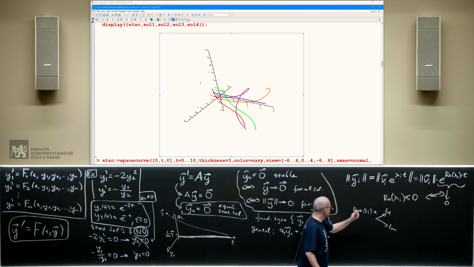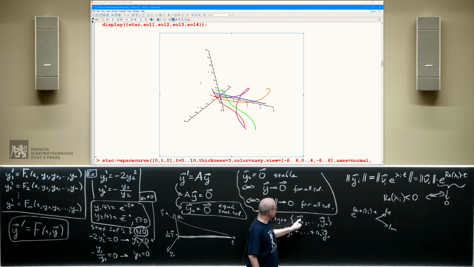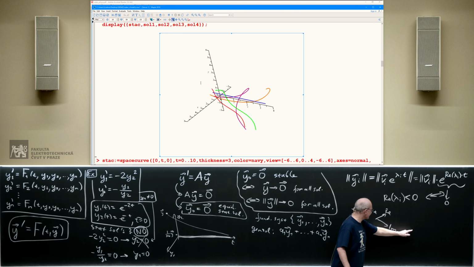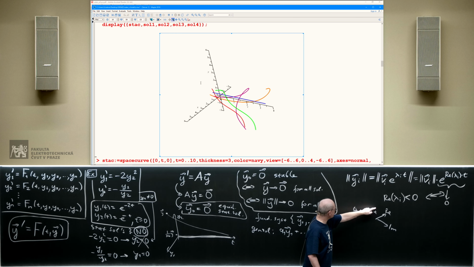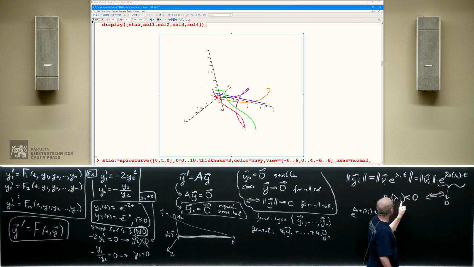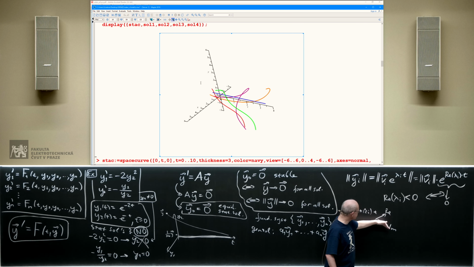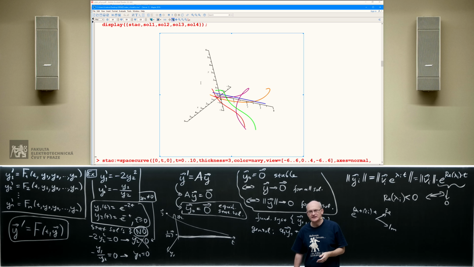But anyway, if we want our fundamental system to go to zero, then the real part must go to zero, the imaginary part must go to zero, and therefore this complex exponential must go to zero, and we are exactly in this part. So what we did was actually correct, even if we take into account this complicated situation with passing to real and imaginary parts and so on.